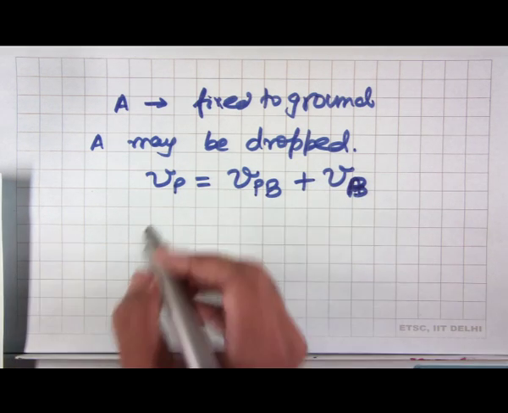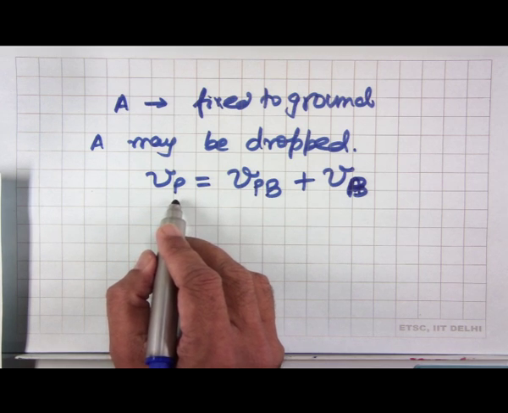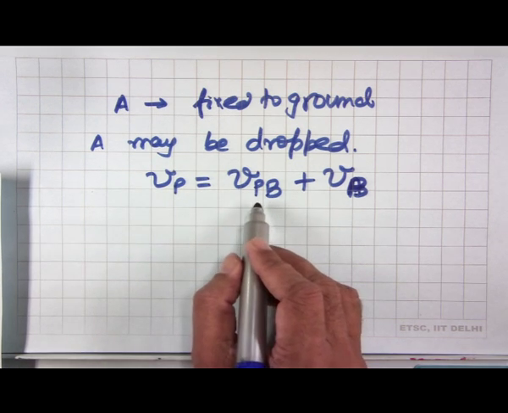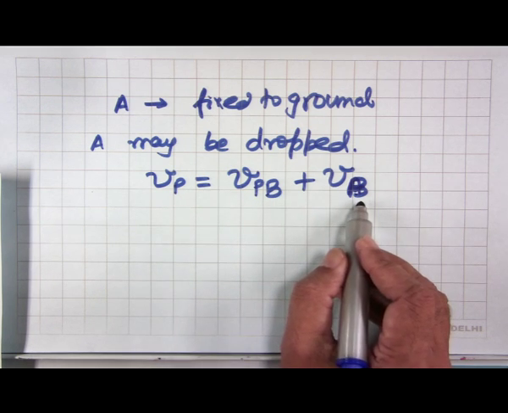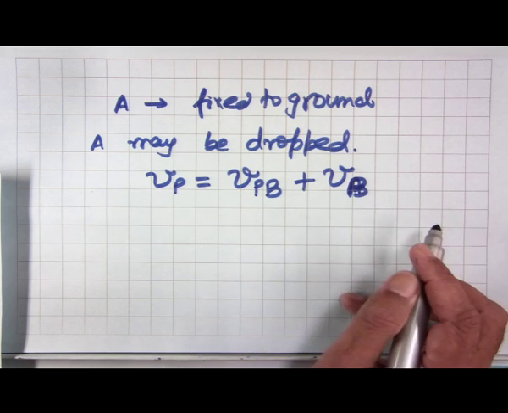Which means the velocity of point P as observed from ground is equal to the velocity of P as observed from frame B plus the velocity of B as observed from ground.